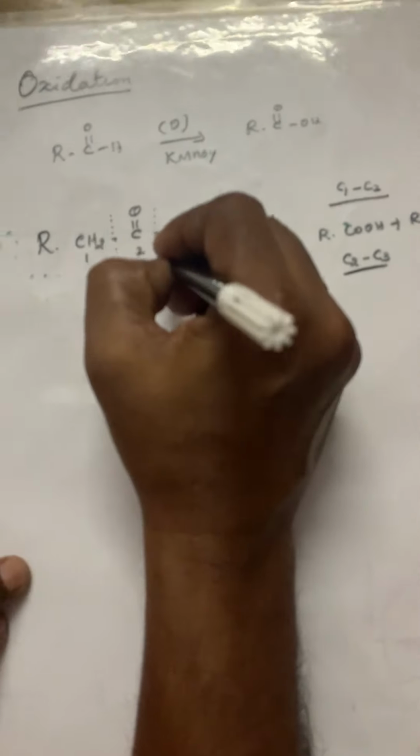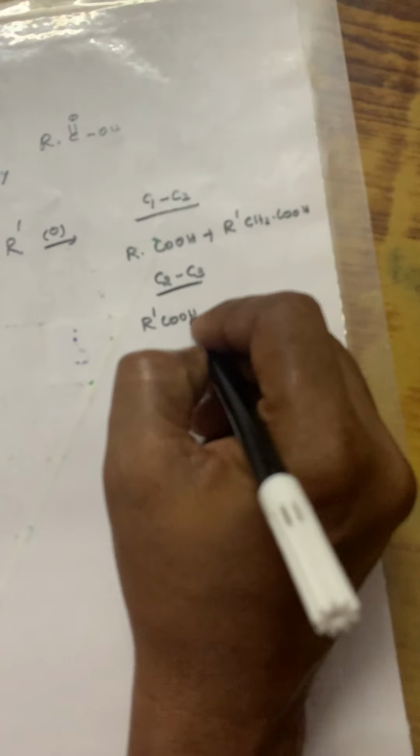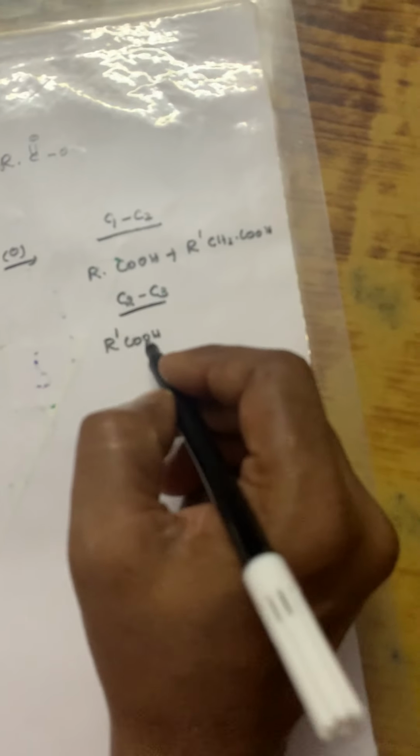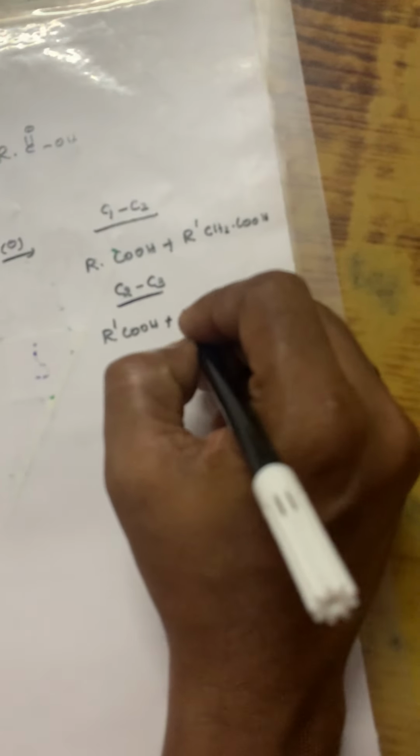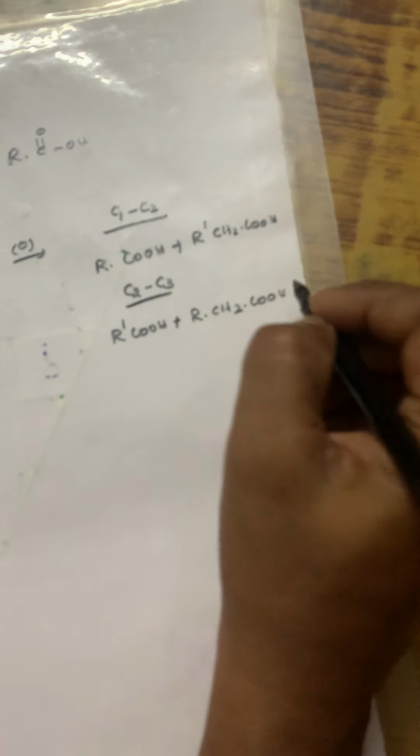If cleavage takes place between 2 and 3, it gives R dash COOH, this R dash converted into COOH, plus R CH2 COOH.